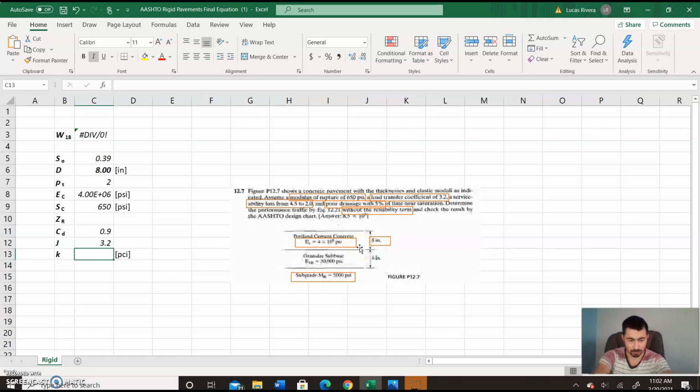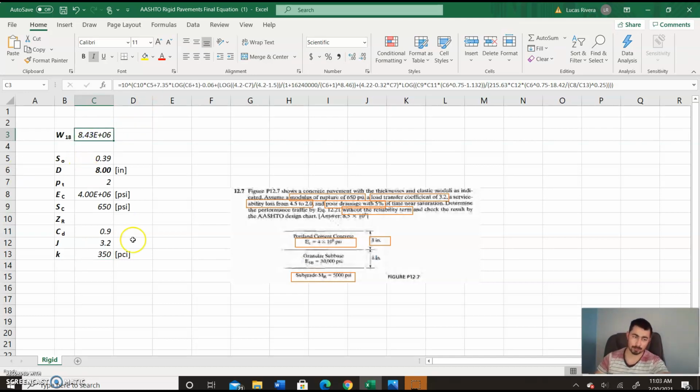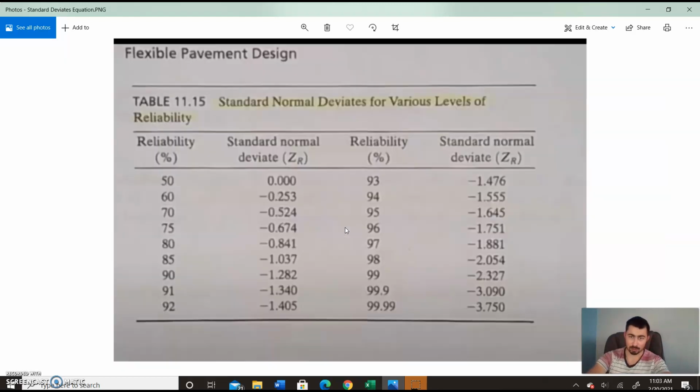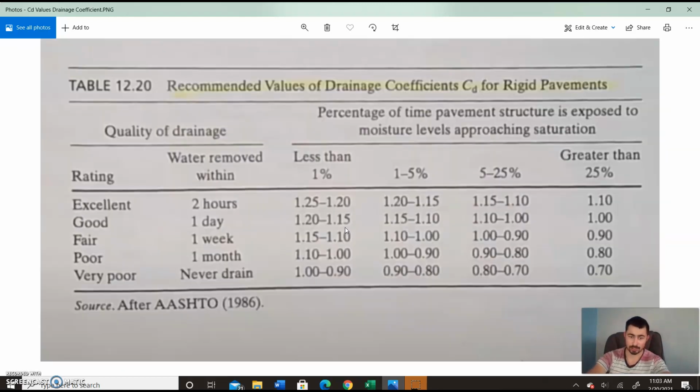It was about 350 pounds per cubic inch, because I know that this gets me the answer that I'm looking for. But I think I did some outside research of what effective modulus of subgrade reaction is, because I don't remember it being given readily available, unless I'm missing a chart.